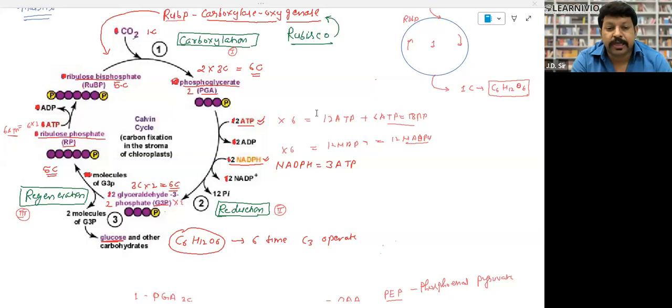First, carboxylation. Second, reduction. And third, regeneration. Full stop. First subheading, carboxylation.